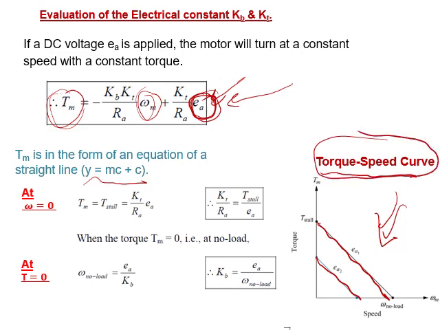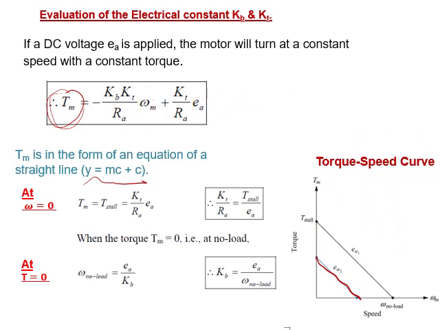From this equation, we will be able to develop the constants. How to develop the constants? Constants are going to be developed by considering omega equal to 0, first of all, for this equation. When you consider omega equal to 0, that means this is all 0.